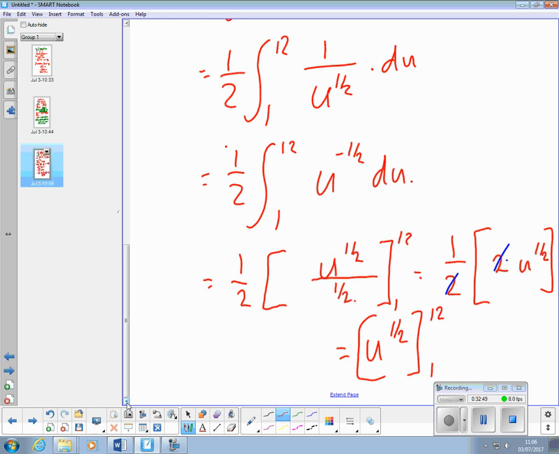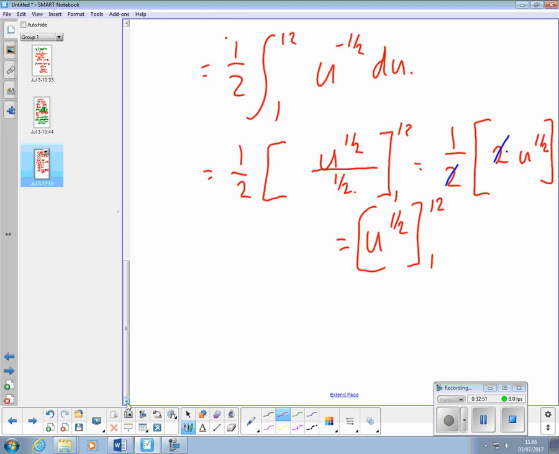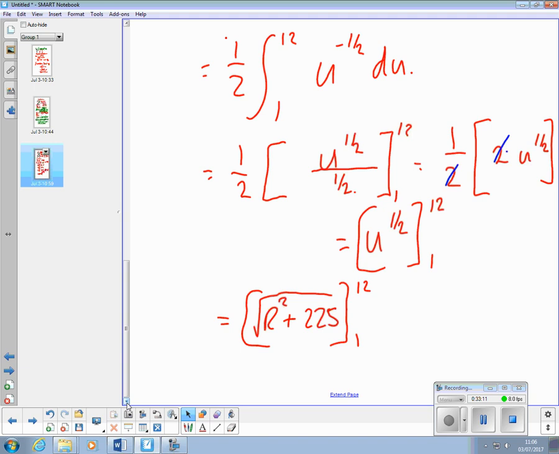And then we simply put back in r squared plus 225. I'm not going to bother about calculating that, but I will tell you what the answer is. It's 4.176 volts.